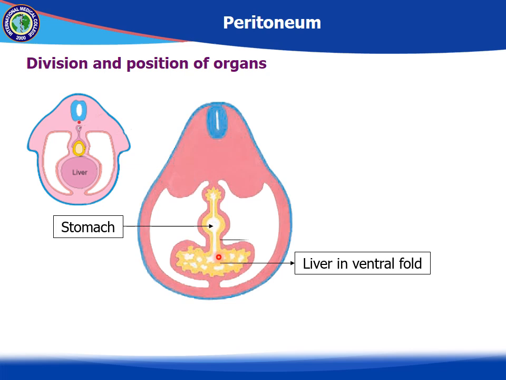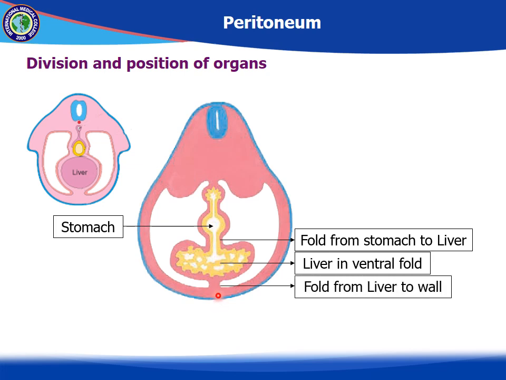So this ventral fold is occupied by the liver, and this stomach lesser curvature is connected to the liver by a fold, and the liver itself is connected to the anterior abdominal wall by part of the ventral fold. So the ventral fold is divided into two folds by the presence of the liver.